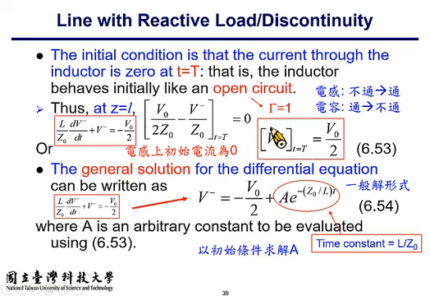So we can use the reflection coefficient of an open circuit. Now that is only valid at the very time instant of t equals capital T. So at this very moment, the inductor is uncharged, so it behaves like an open circuit.